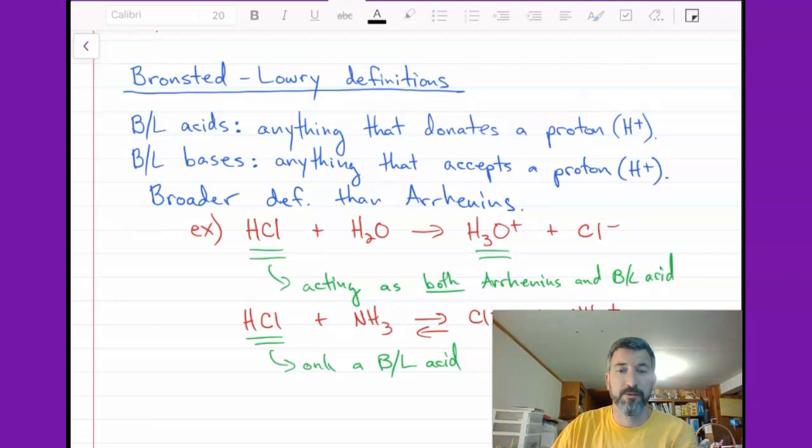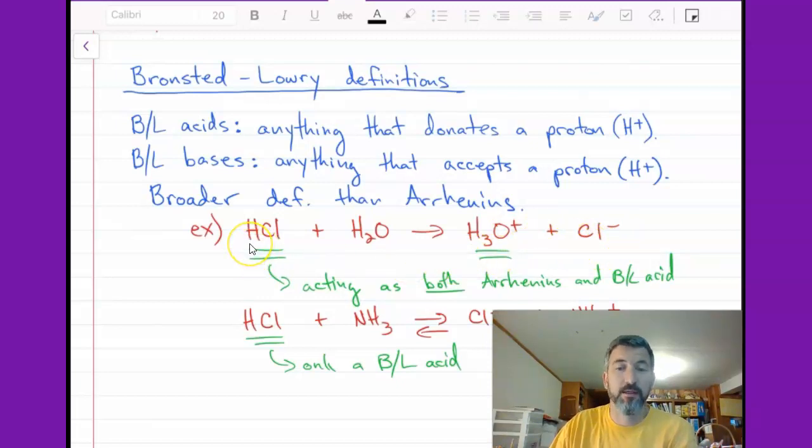The reason that that is a broader definition, in some ways better, is because if you look at hydrochloric acid, which is of course an Arrhenius acid, because when you add it to water, it creates hydronium, right? So as soon as you see hydronium, you think Arrhenius acid. But it's also a Bronsted-Lowry acid because how does it create that hydronium?